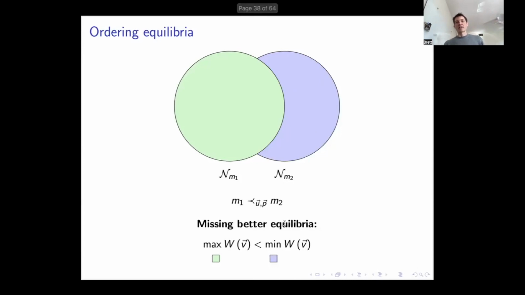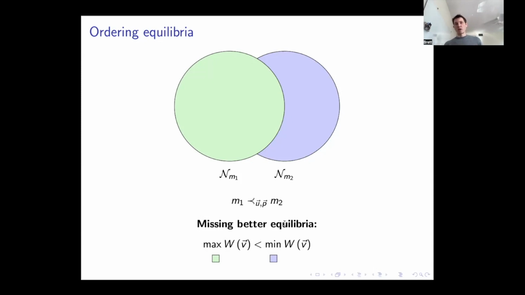And we're going to say that mechanism one is worse if it's missing some better equilibria. There are some extra equilibria you could get by moving to mechanism two, and the worst equilibrium you add by moving to mechanism two is better than the best equilibrium that you had before. This is just coming about because there's not going to be a unique equilibrium for these different mechanisms, and then we have to say which one is better.